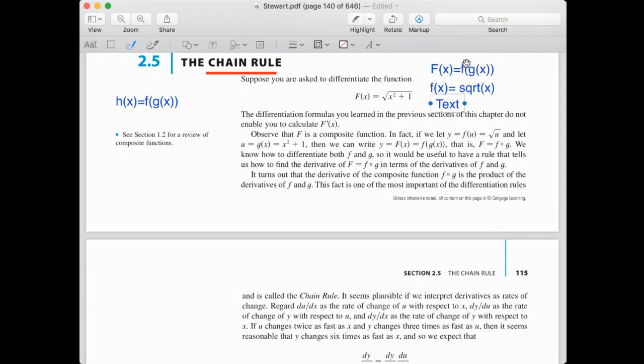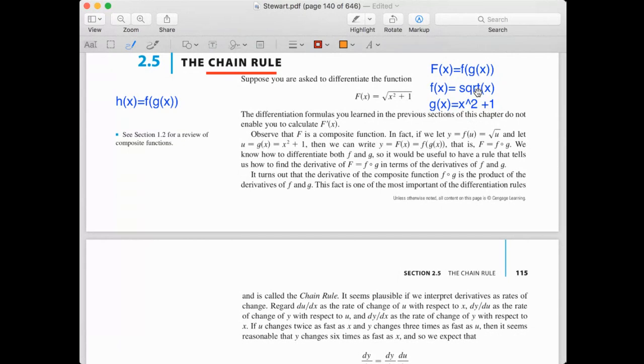What does f do? F square root the input. What does g do? G takes the input x, square it, then add 1 to it, right? So we see the inside layer under the square root sign, x squared plus 1, as another function. We see as a g function. What does g do? G takes the input, square it plus 1.